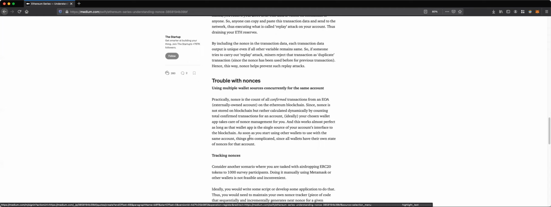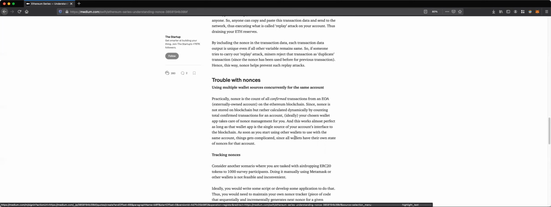Now remember, the other wallet is not tracking that nonce, so it might register a different value from 9, because it doesn't know there's a transaction that has been processed from a different wallet. Those kinds of things could be an issue when you're tracking the same account in different wallets.